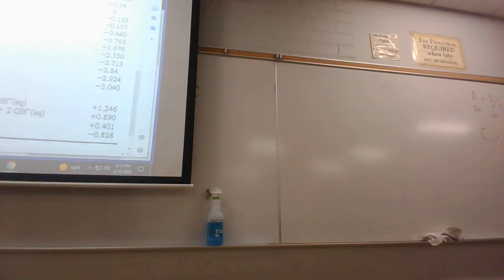So this was correctly assigned. What's happening with nickel? Nickel's going from +2 to 0. So in order to go from +2 to 0, it must gain electrons. Species that gain electrons are the oxidizer. What happened to chloride? Chloride went from -1 to -1. So nothing happened to chloride, therefore chloride is the spectator.